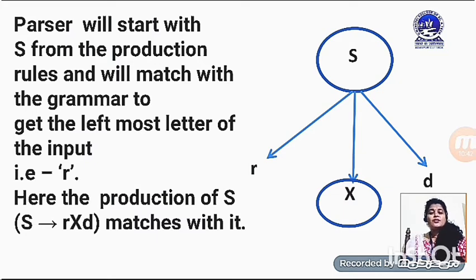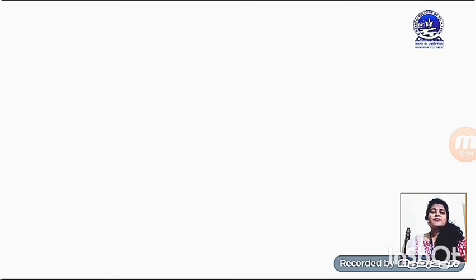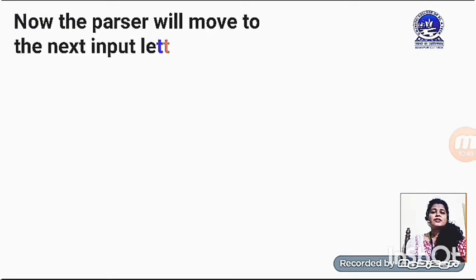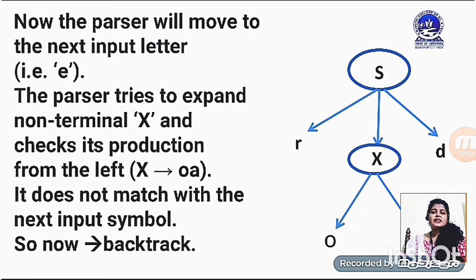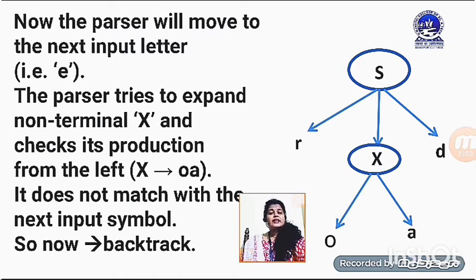So we move to the second phase. Now the parser will move to the next input letter, that is E, and to get E, the parser will expand X with the next production rule, that is OA, and now the tree will look like this.